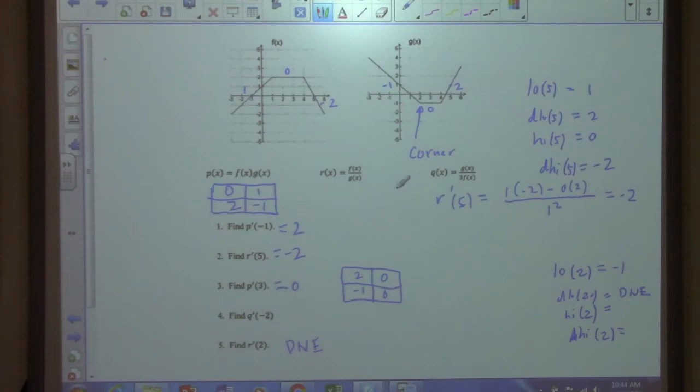Now for q of -2, I think -2 we can use. So we have 3f. This is for 4.